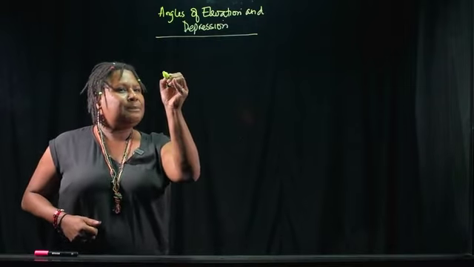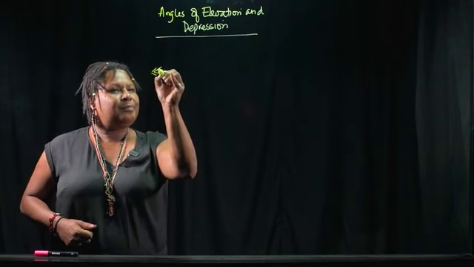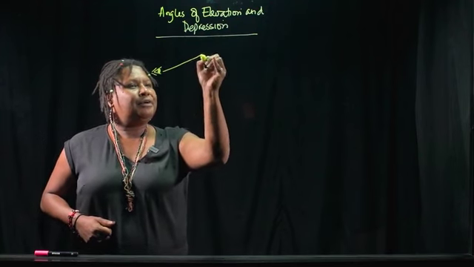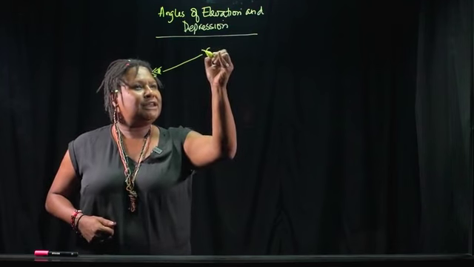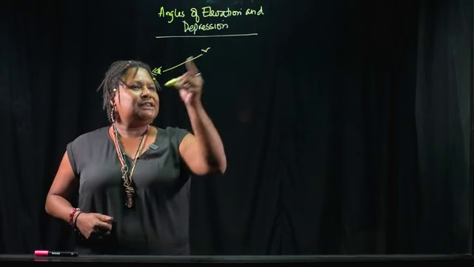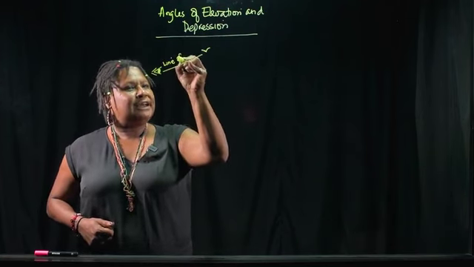For instance, we have your eye here, and we are looking up at a bird that's flying up in the sky. Where your eye is looking at the bird, this is your line of sight.